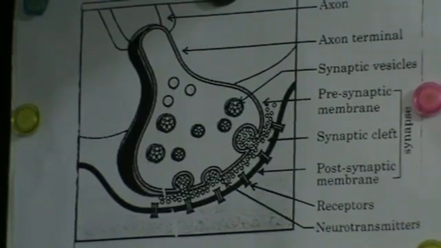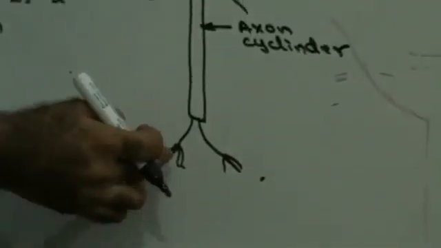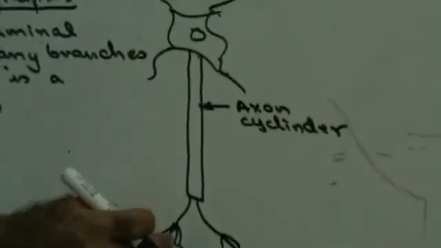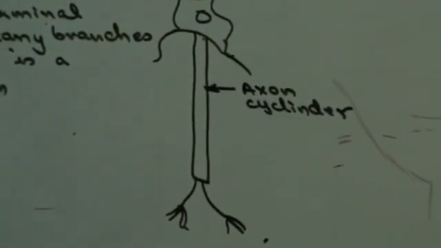Now let's see how the nerve impulse moves out from there. From the dendrites, the nerve impulse must have gone into the axon and into the branches. Now I want to see how it goes from this branch into the dendrites of the other nerve fiber.